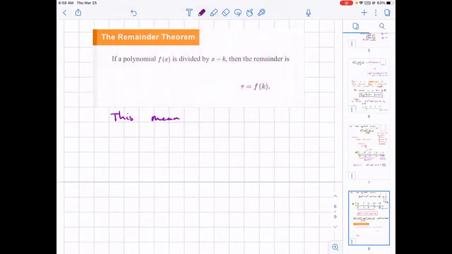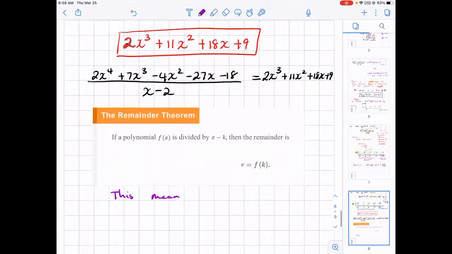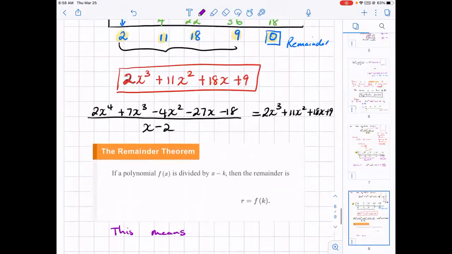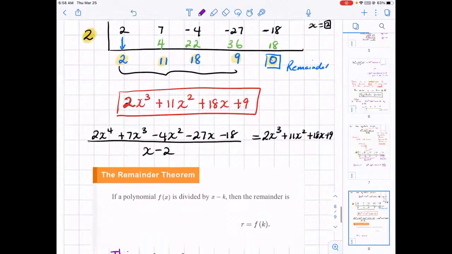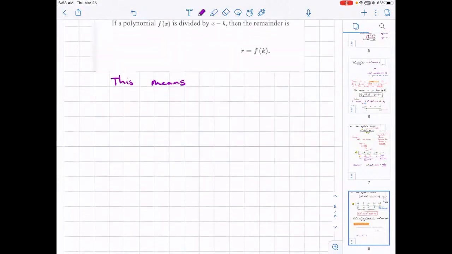This means, in this problem we had f of x equal to 2x to the 4th plus 7x cubed minus 4x squared minus 27x minus 18.